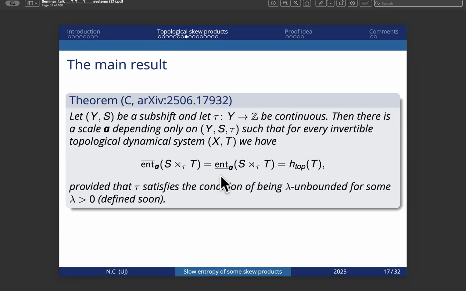I think it's good to think about it that way, but it's not literally that way. I think what you had in mind was, for instance, if you have a subshift with positive entropy times a subshift with, let's say, polynomial complexity squared, then the scale should be something like the exponential of the entropy of the first subshift times the polynomial scale, so that the exponential contributions cancel each other. Right, that's what I had in mind.